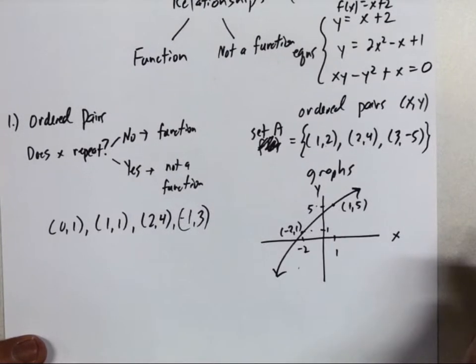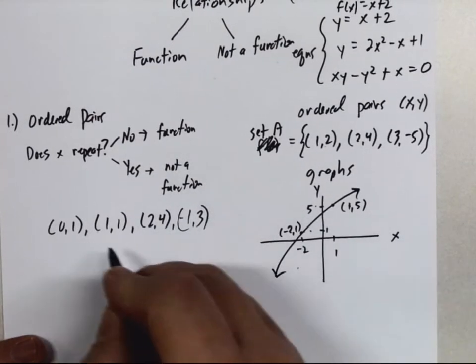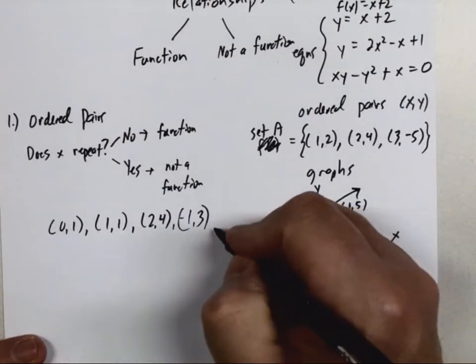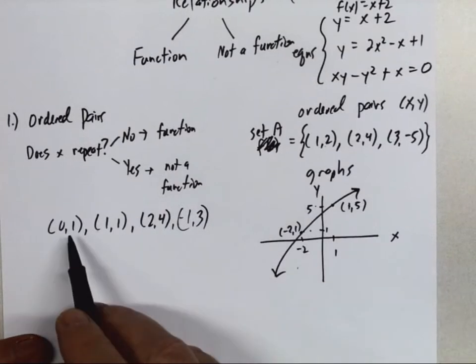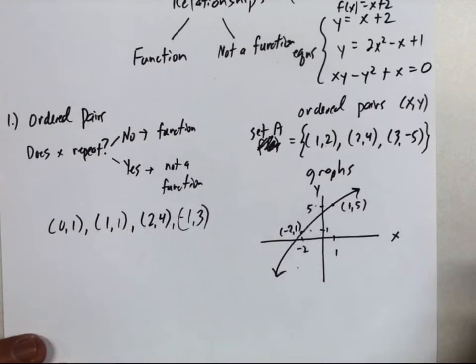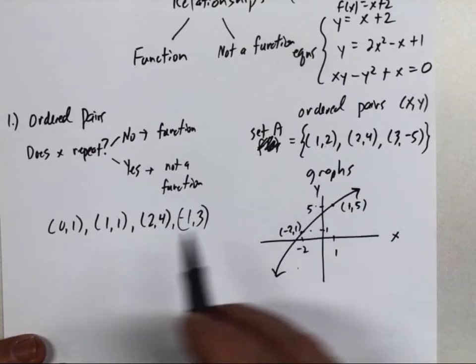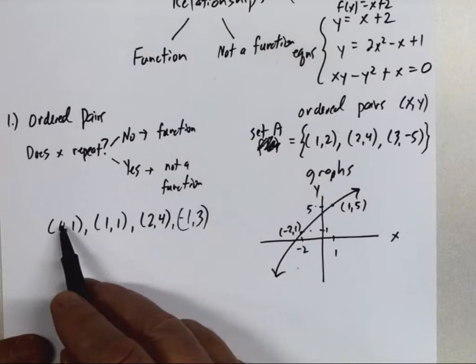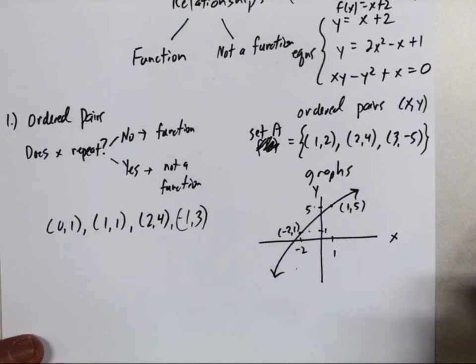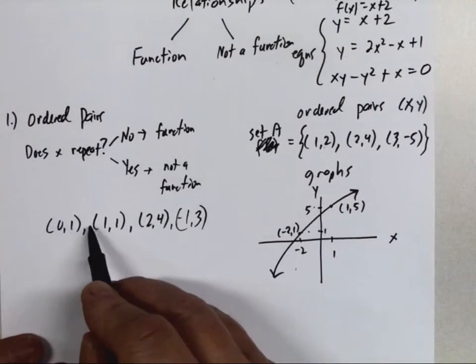Are any of them the same? No. So these 4 ordered pairs would be a function. However, what's interesting is, but look here. My y's repeat. Look at the y's. 1, 1, 4, 3. But you know what? I don't care about the y's. In terms of being a function, all that matters are the x's. And the x's are 0, 1, 2, -1.